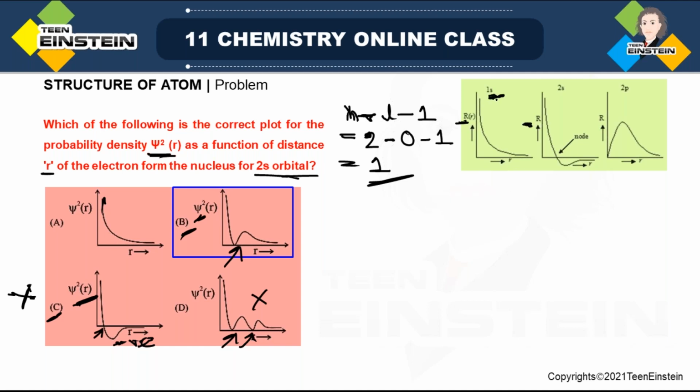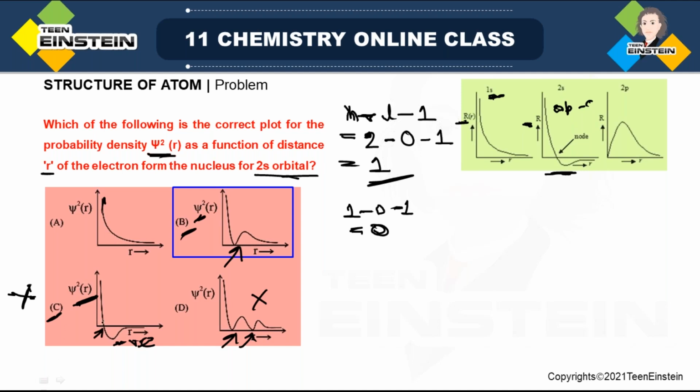So for 1s, this n minus L minus 1 is basically 1 minus 0 minus 1. That means it is 0. So that is why you will not find any node in 1s. But for 2s, we have already seen there is a node. But this picture is matching with option C, isn't it? Because there can be negative value.